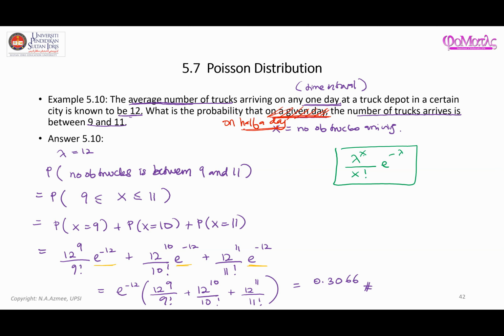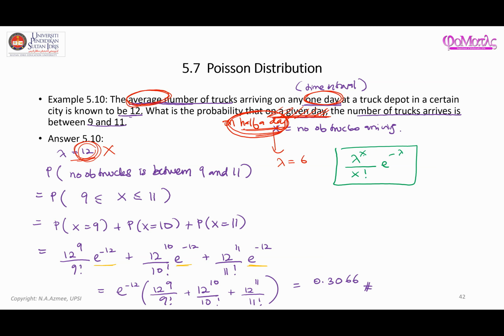Therefore, when you talk about the time interval of half a day, your lambda is no longer 12, because 12 here represents the average number of trucks on any one day. So if you talk about half a day, that means your lambda has to be equal to 6.